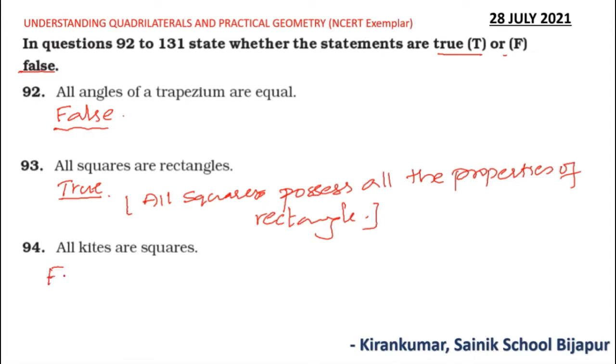This statement is false because in a kite we have only two pairs of adjacent sides equal, whereas in a square all the sides are equal. In a kite all the angles will not be 90 degrees, whereas in a square all the angles will be equal to 90 degrees. That's the reason why a kite cannot be a square.